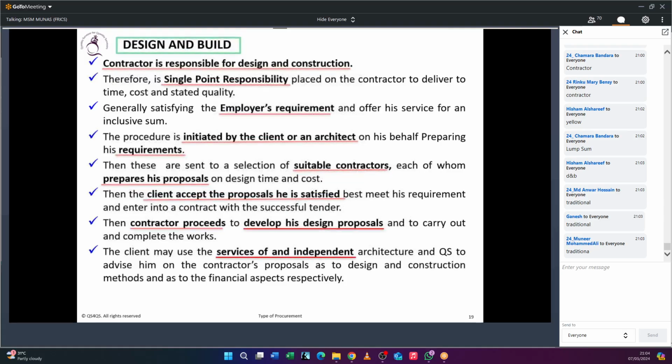So in order to manage the contractor's performance, the client may keep the same design team or the employer's advisor who was there in the pre-contract, or they can hire independently.